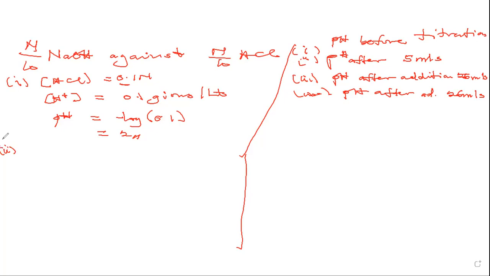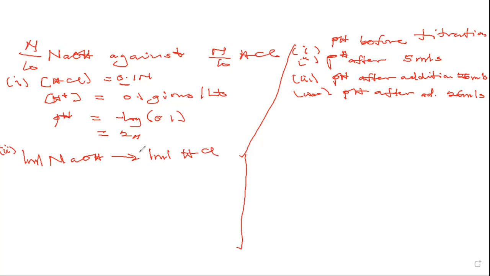So what you have to know is that the ratio between the normalities of the acid and the base is 1:1, because it's 0.1 normal of NaOH going to 0.1 normal of HCl. And so the ratio there is basically 1:1. Is that okay? What this means is that every 1 ml of the base is going to neutralize 1 ml of the acid.